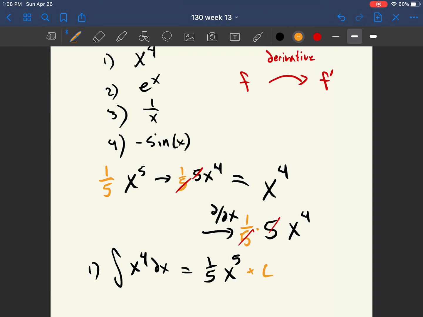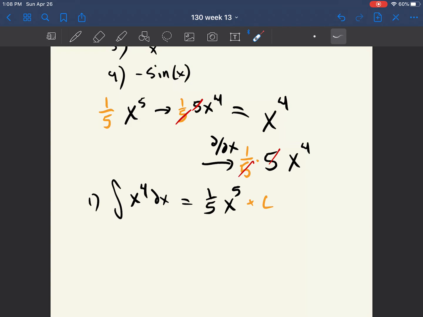Because if I stuck in an extra constant at the end, it doesn't change the fact that the derivative of 1/5 x to the fifth plus some constant is x to the fourth. If I did a plus 1 out here, the derivative of the plus 1 would be 0, so I would still get x to the fourth. So this is the general antiderivative of x to the fourth.